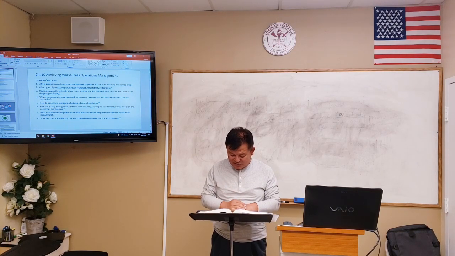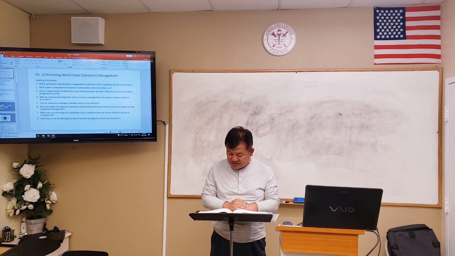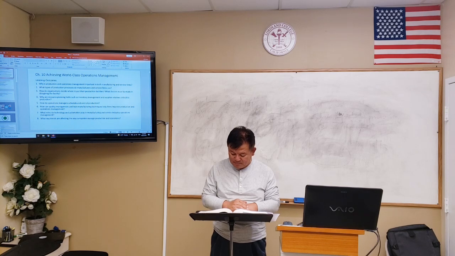Okay, this is the introduction part, so we will pass this slide. How do operations managers schedule and control production? What do operations managers do? Next, how can quality management and lean manufacturing techniques help firms improve production and operations management? How can we do quality management?